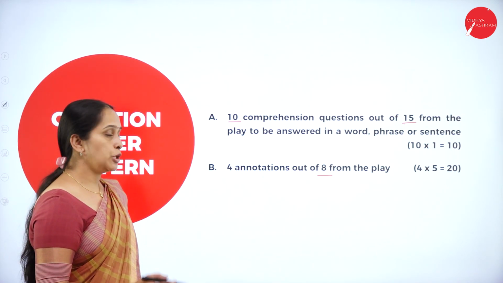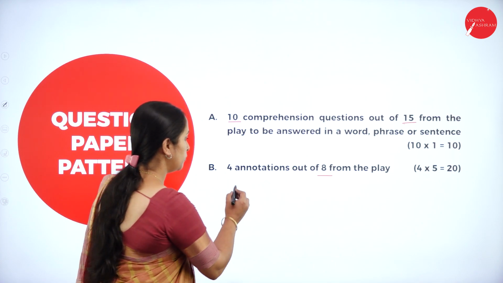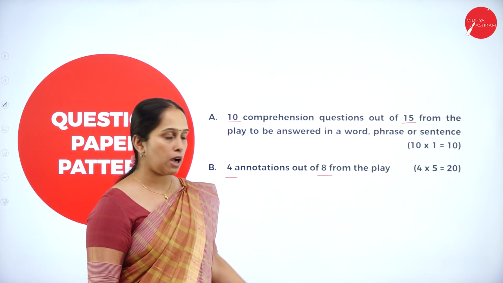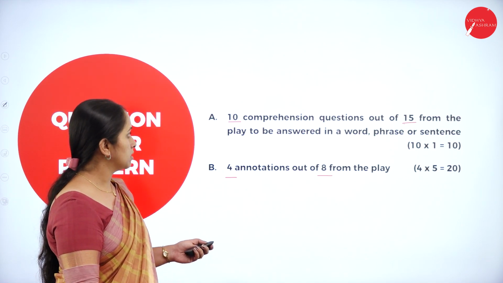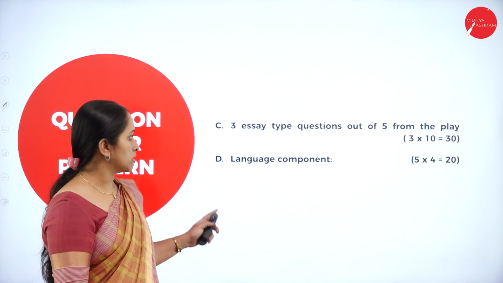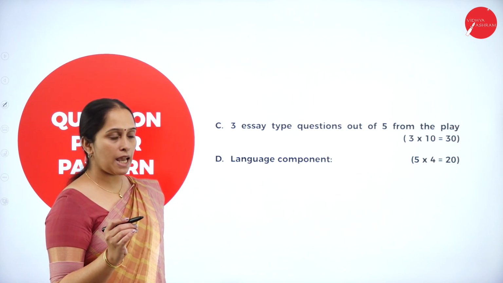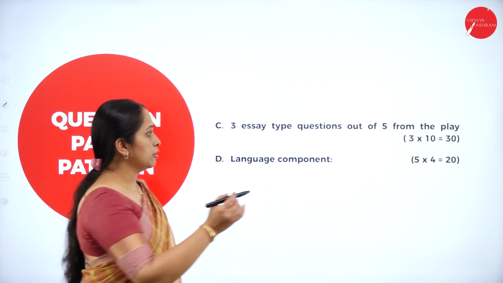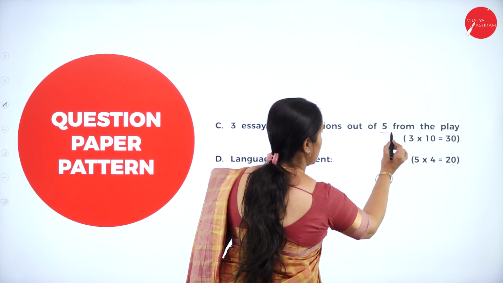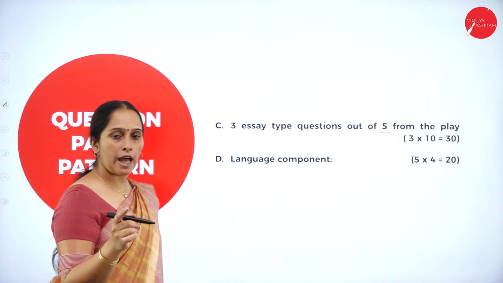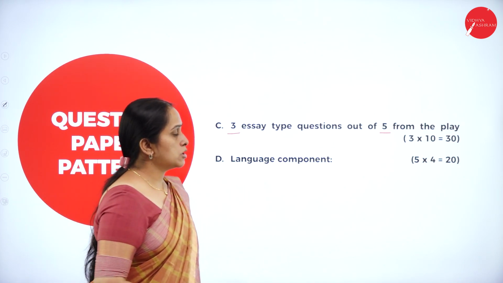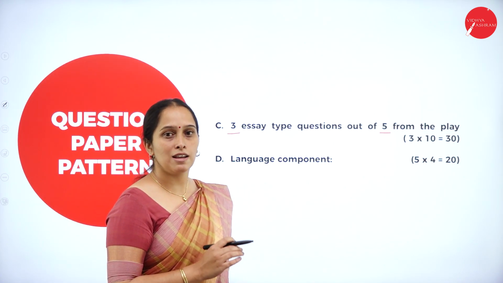In that, you have to attempt only 4 annotations and it carries 20 marks. And in the next section, you will have essay type questions and there will be 5 questions from the play and you have to attempt 3 questions. This carries 30 marks.